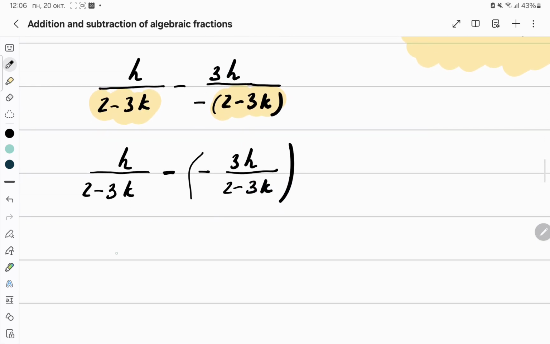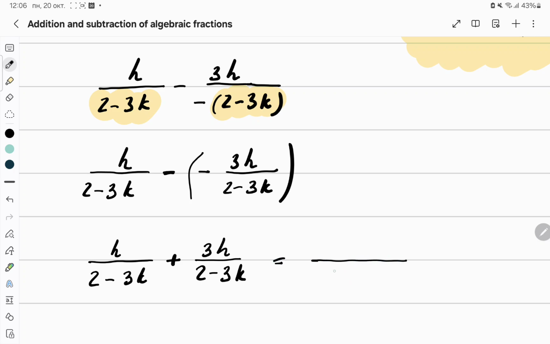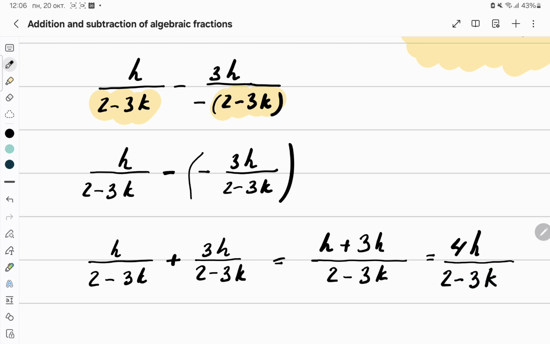And now 2 minuses together give us plus 3h. And now denominators are common, so it is 2 minus 3k, and in the numerator h plus 3h. The final answer is 4h over 2 minus 3k. This is our final answer, nothing to simplify.